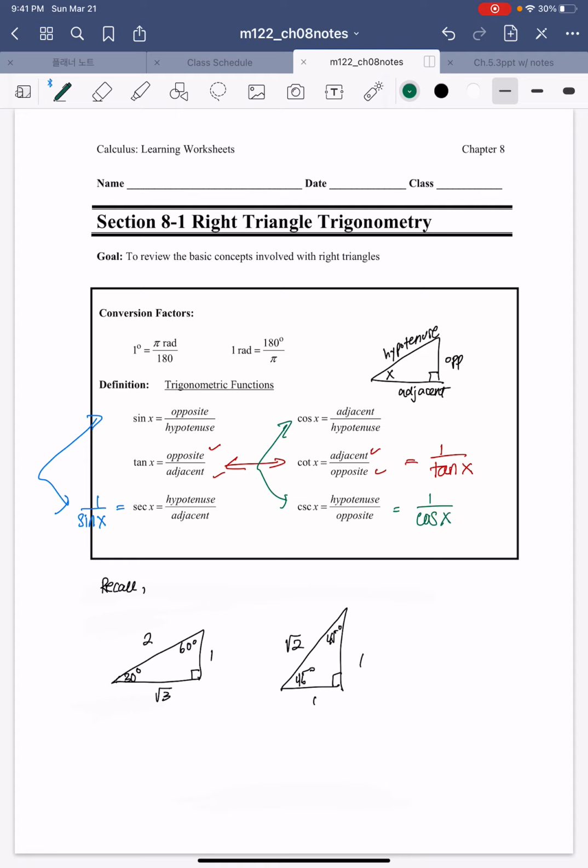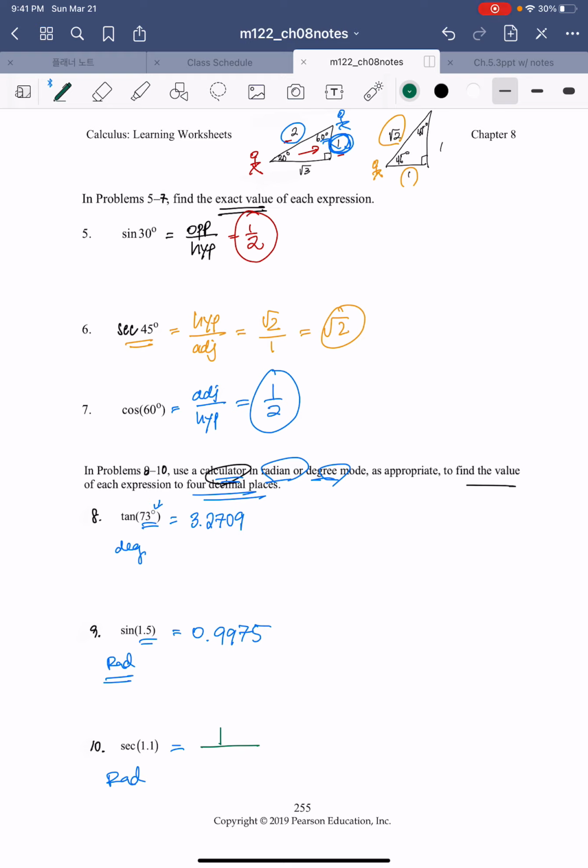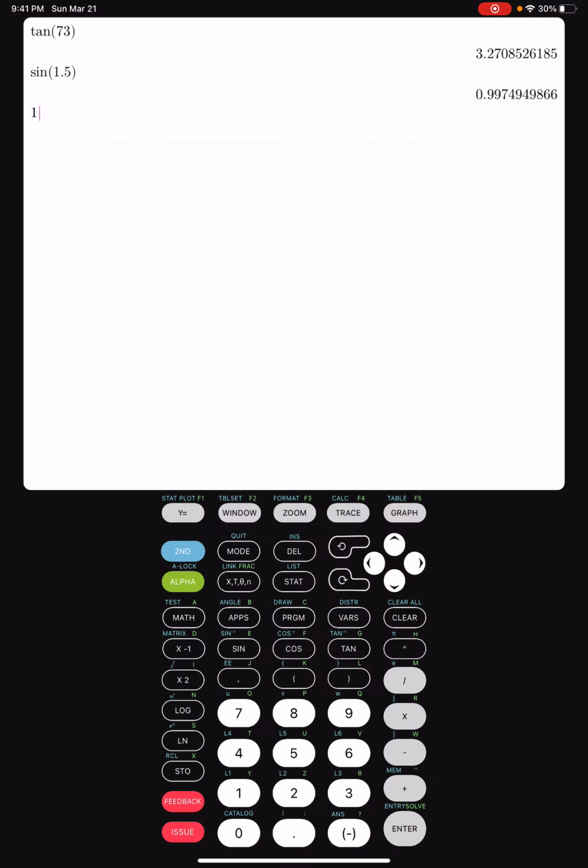So in other words, you can rewrite the secant as 1 over cosine of 1.1 in radian mode. That's what I'm going to do. So you have 1 divided by, since it's a fraction, just be careful, put extra parentheses, and then cosine of 1.1.